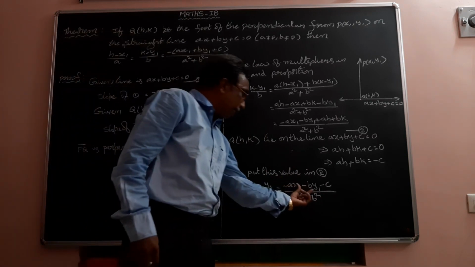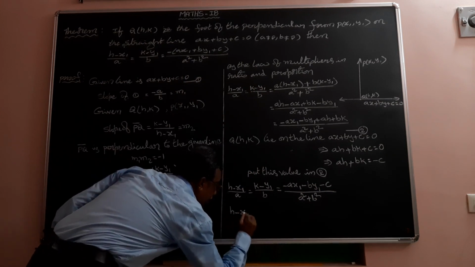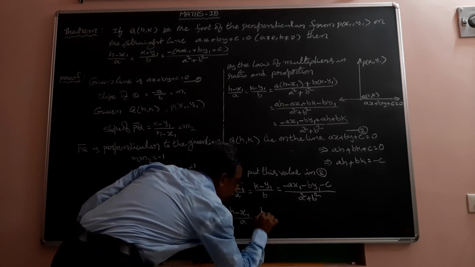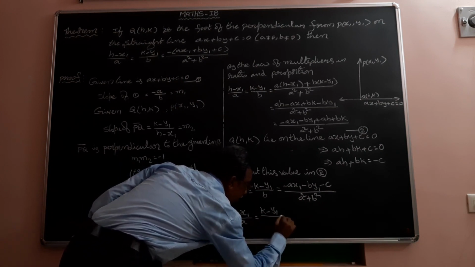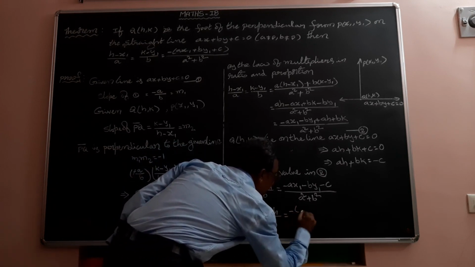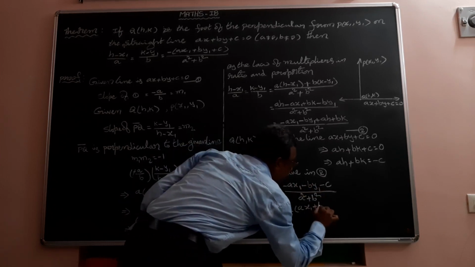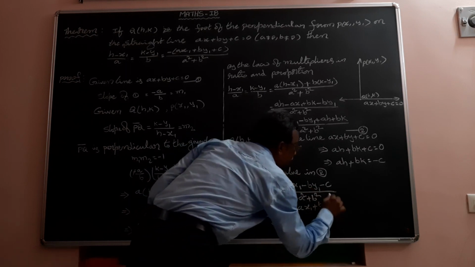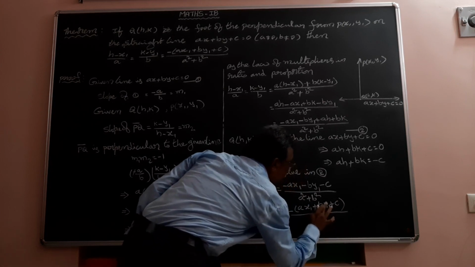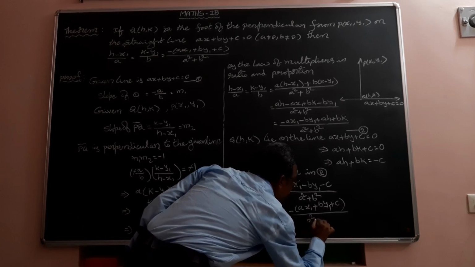Now we take minus as common in the numerator. (h minus x1) by a equals (k minus y1) by b equals minus of (ax1 plus by1 plus c) by a square plus b square.